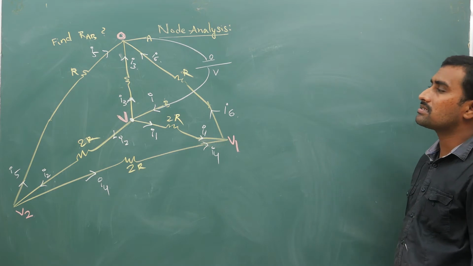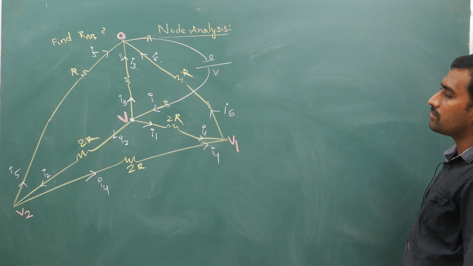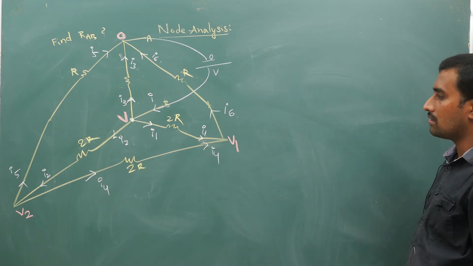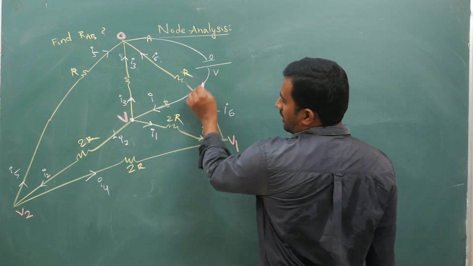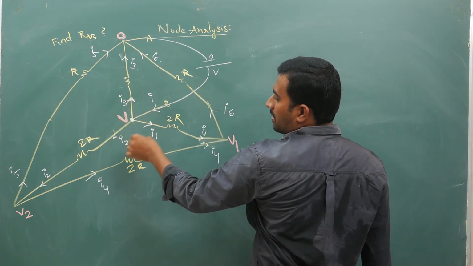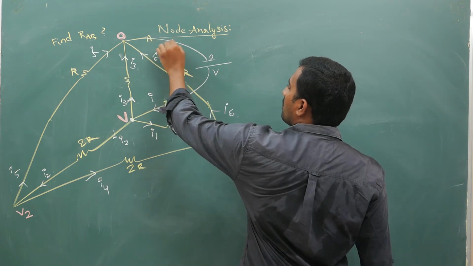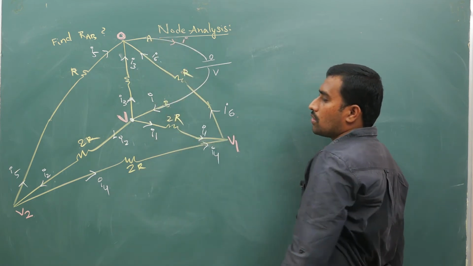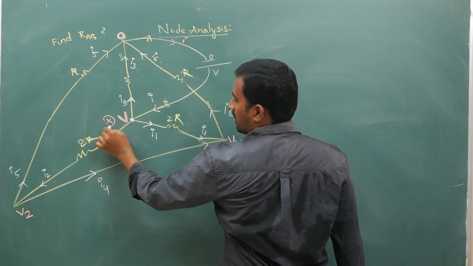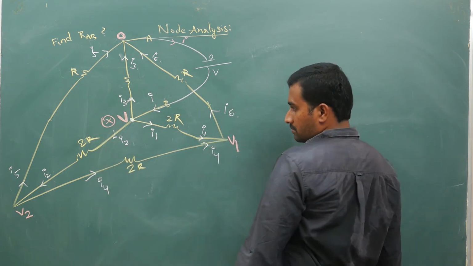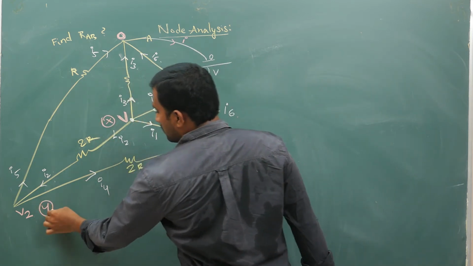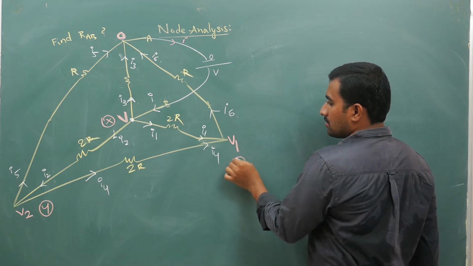I have just connected a battery and I have put the directions of currents, that's all. So current is entering like this, it is splitting into three parts, then finally it will combine and form I here.